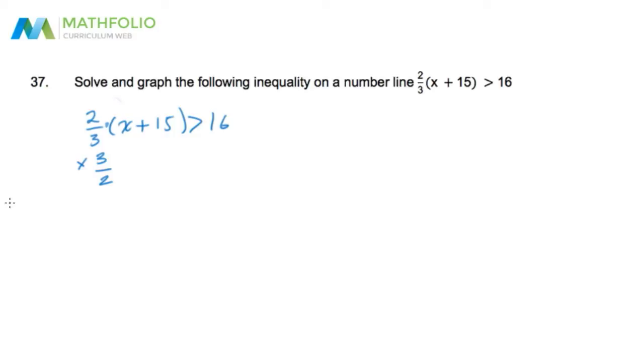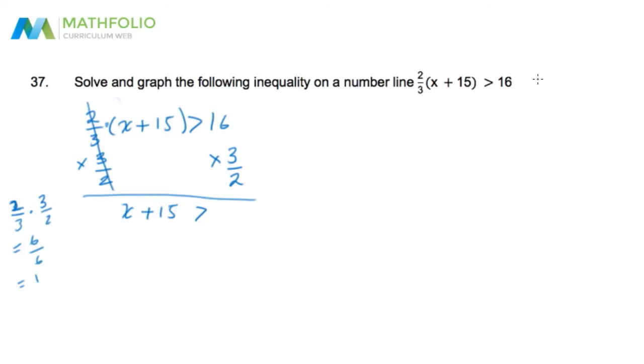And just as we saw previously, 2/3 times by the reciprocal 3/2 equals 6/6, which equals 1, and 1 times this is just itself. So these would cancel, and we would bring down x plus 15, and greater than. But remember, we've got to do this to both sides. If we're timesing by 3/2 over there, we've also got to do the 16 times by the 3/2 here.